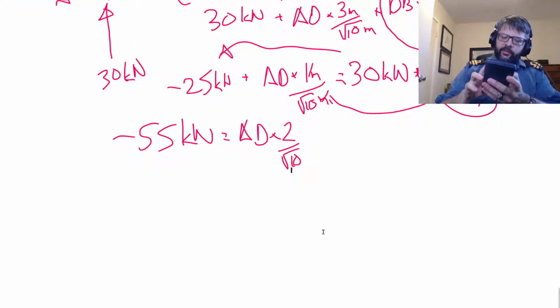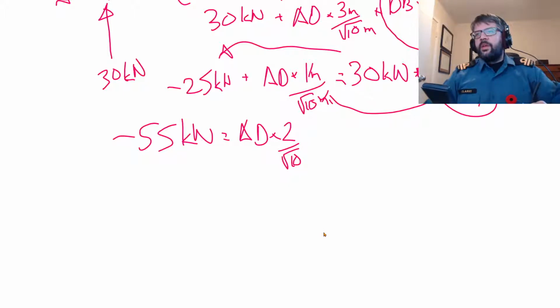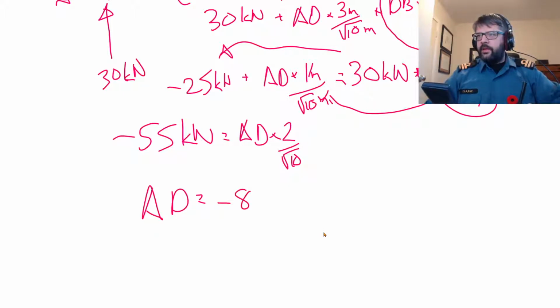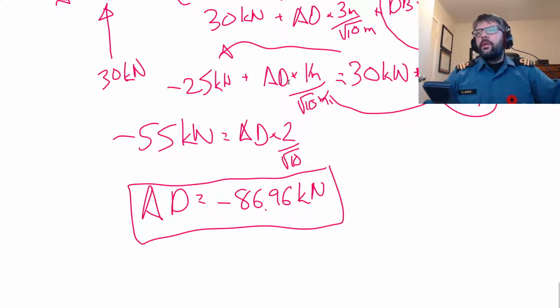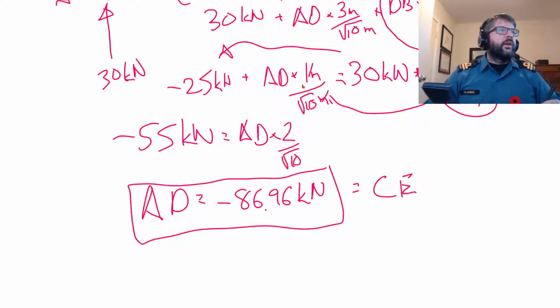And so negative 55 divided by 2 times root 10 gives us an AD that is equal to negative 86.96 kilonewtons. And you'll recall that that also needs to be what our CE is on the other side.